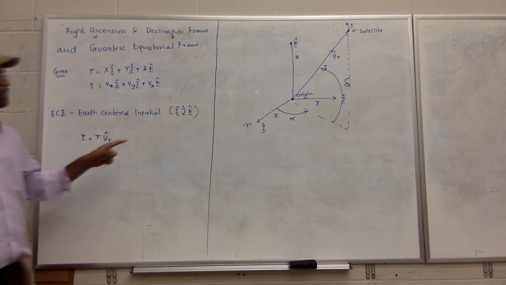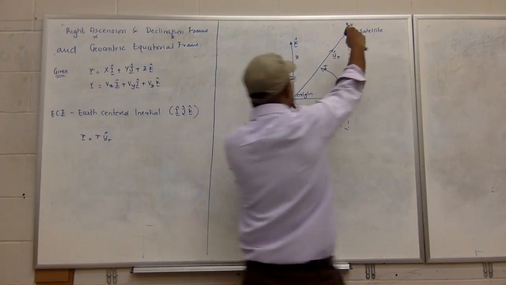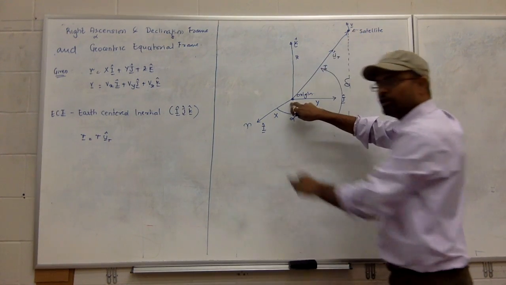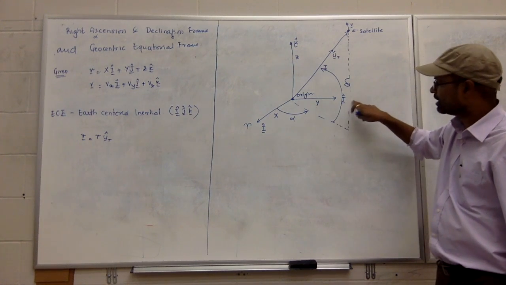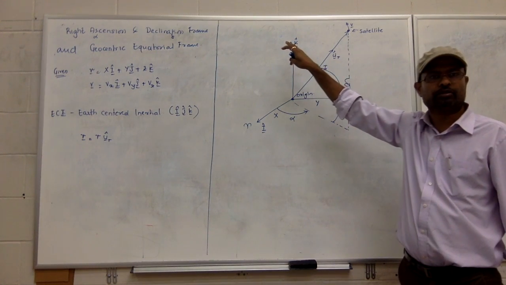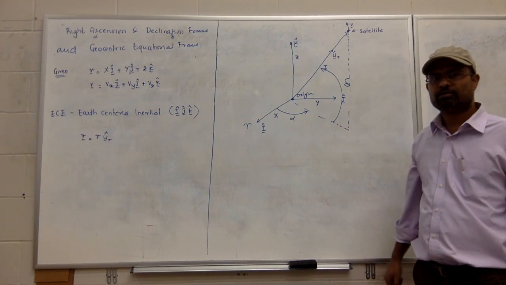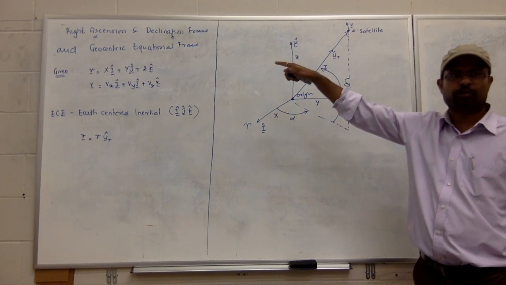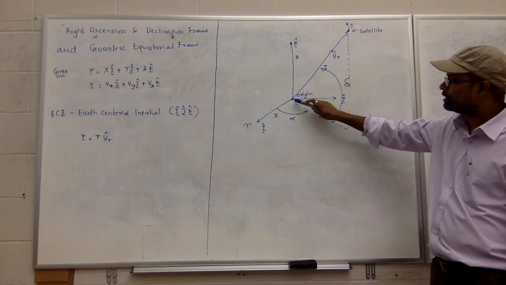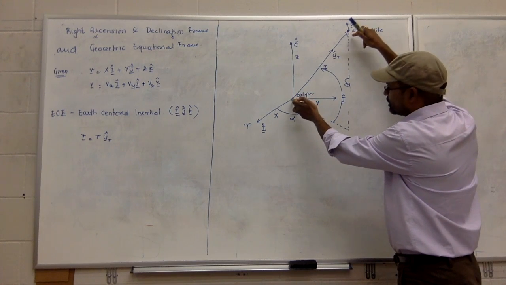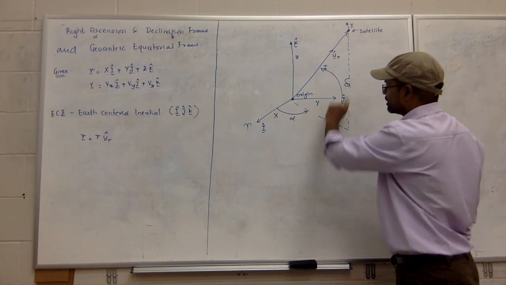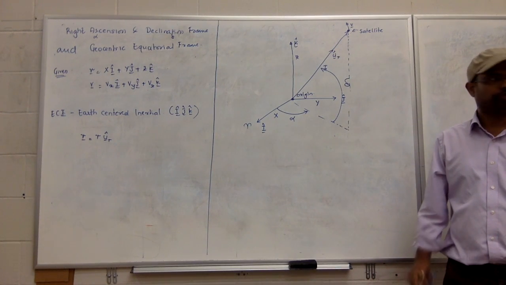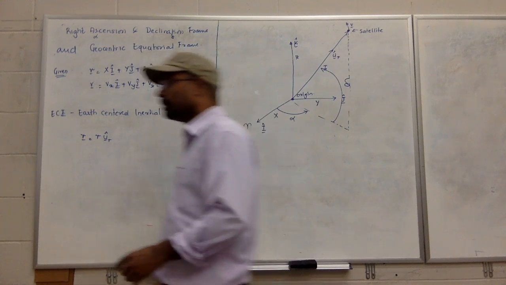You can express this position vector r as having an I component, a j component, and a k component. What frame was that IJK component? The geocentric equatorial frame. Or you can look at this R, the distance, this alpha, this delta. That is the right ascension and declination frame. So what is the correlation between these two?